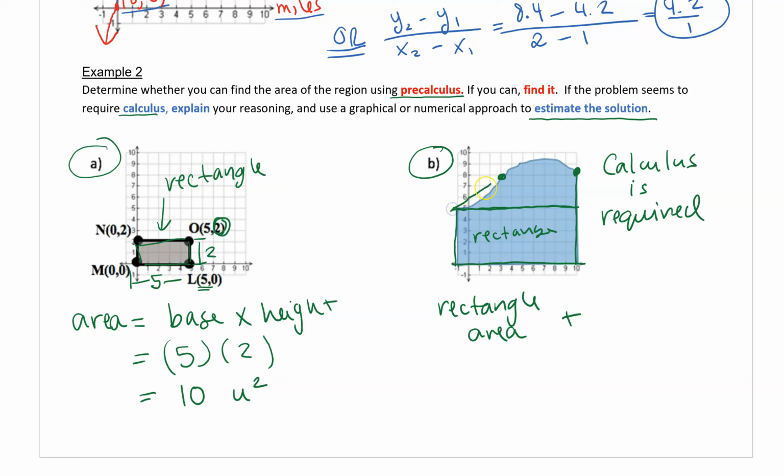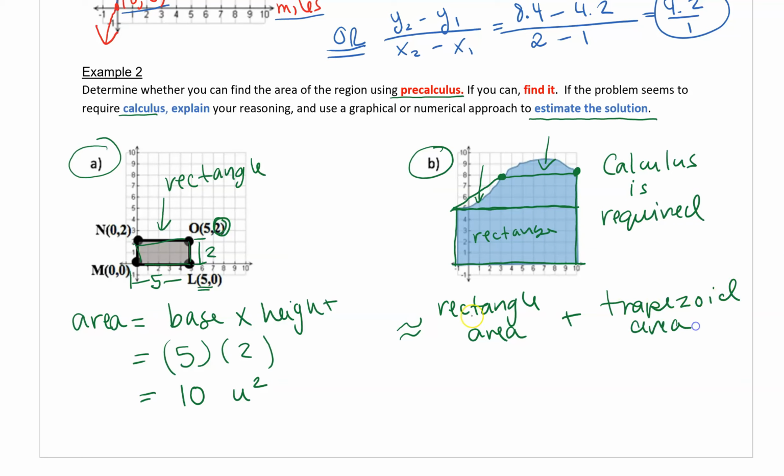So I can see it's not exact, right? There's some area there that I completely am missing out, and then there's extra area here that I'm including in this area of a trapezoid. Some of it would cancel out, but not all of it. So I can see that this would not be exact, but it would be an approximation.